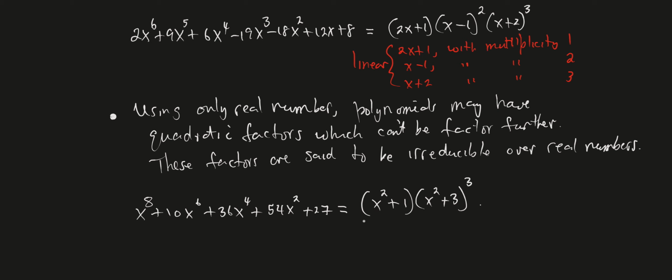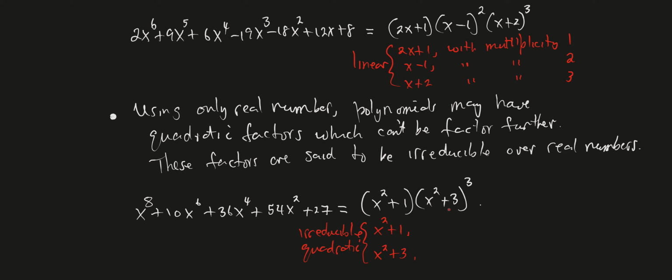So both of these, let me write these down. The x squared plus 1 and the x squared plus 3, these are what we call irreducible quadratic factors, right? And they also have multiplicities.